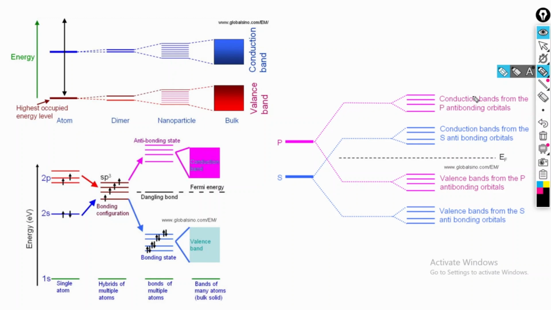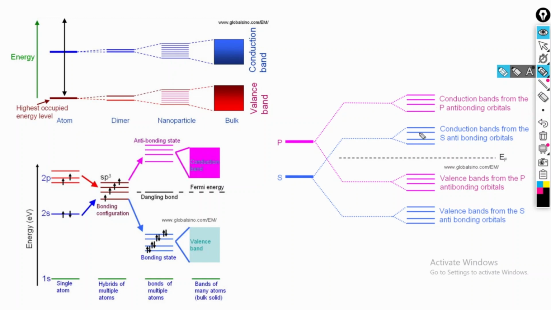This is the energy state of the p orbital which has higher energy, and this is the energy state of the p orbital which has lower energy. These are the molecular orbitals, and these are the atomic orbitals.